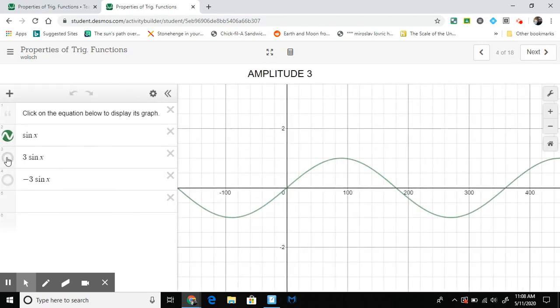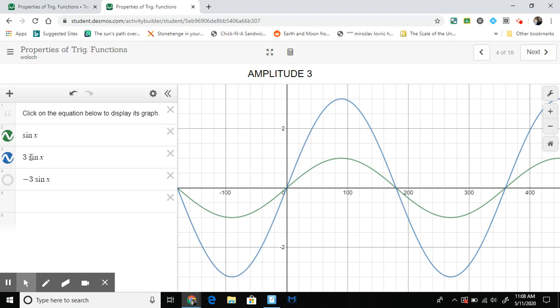Here, same deal, we're going to click on this. So this is 3 sine x, and then when you look at the next one, this one is negative, so it should reflect over the x-axis.